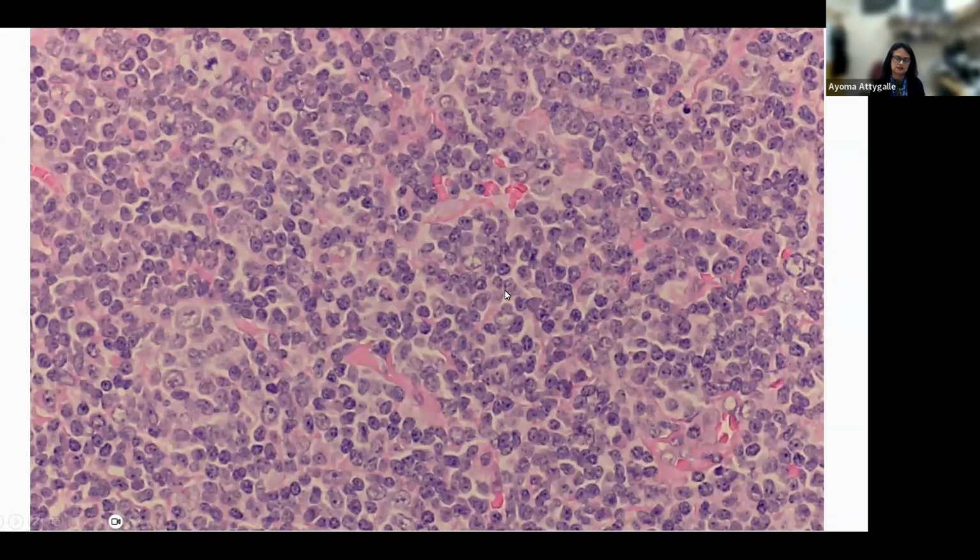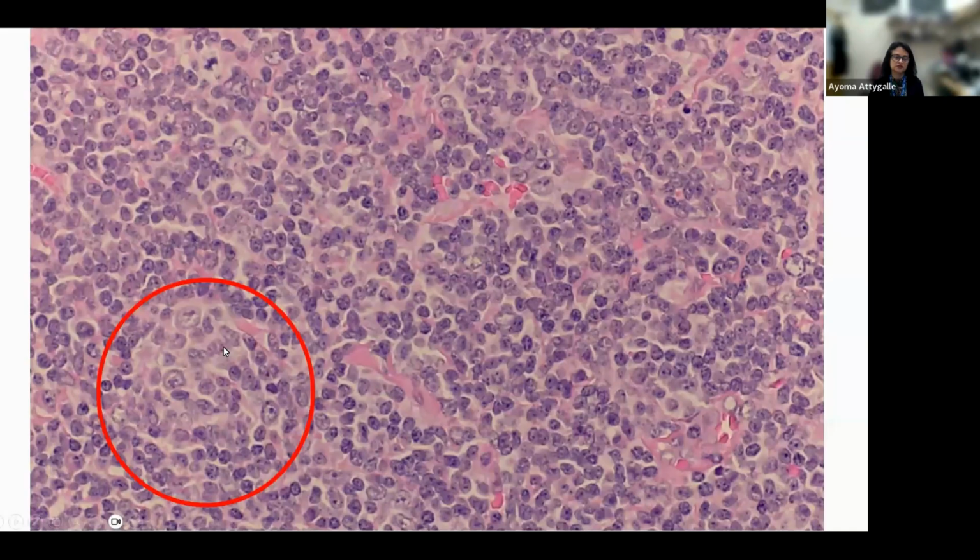This is another area of this section, and again, you see this population of medium-sized cells with the scattered histiocytes. But there are these areas where there's a well-demarcated sort of spherical areas which contain some large cells, and these are centroblasts, and mixed with some cells which are more irregular, the cleaved, I would say.